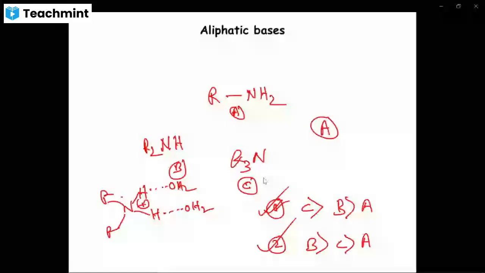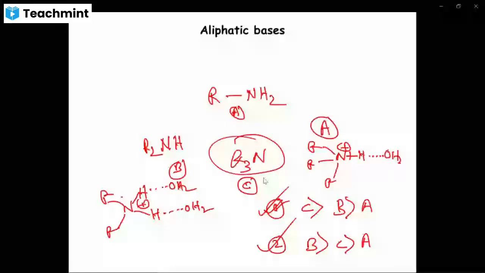We have to take the solubility also into consideration, and when we do, we will see that in case of the tertiary amine, the conjugate acid that is formed has very low solubility. Okay, solubility.